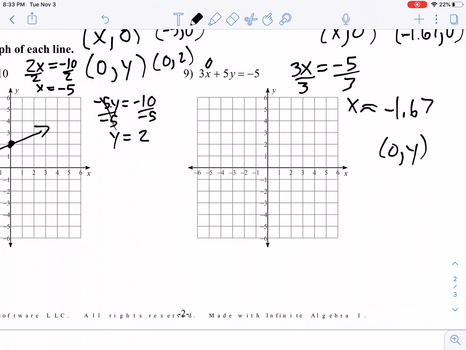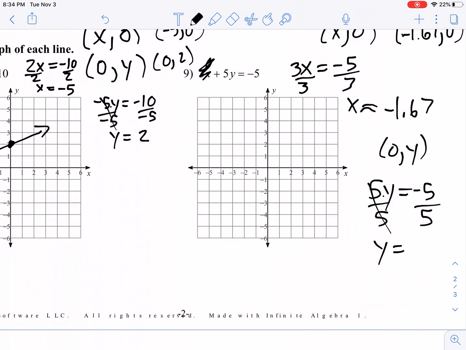Now my y-intercept, going back here to find the y-intercept, the x has to be 0. So if I plug in a 0 for my x here, 3 times 0 is what? 0. So this gets covered up and I have 5y equals a negative 5. Well, solving for this, we have multiplication. What's the opposite? Divide by 5 on both sides, and we get y equals, what's a negative 5 divided by 5?